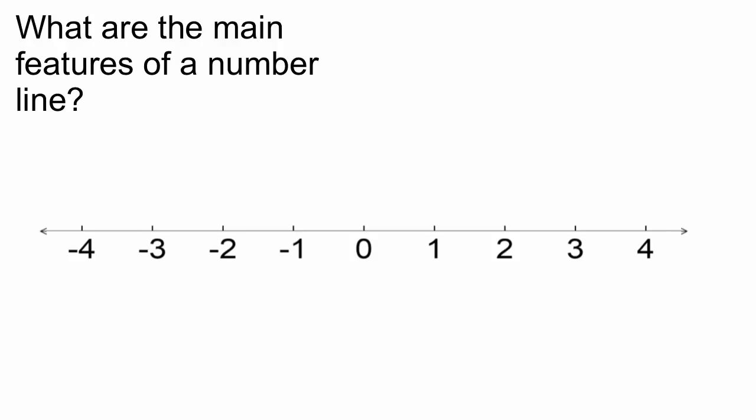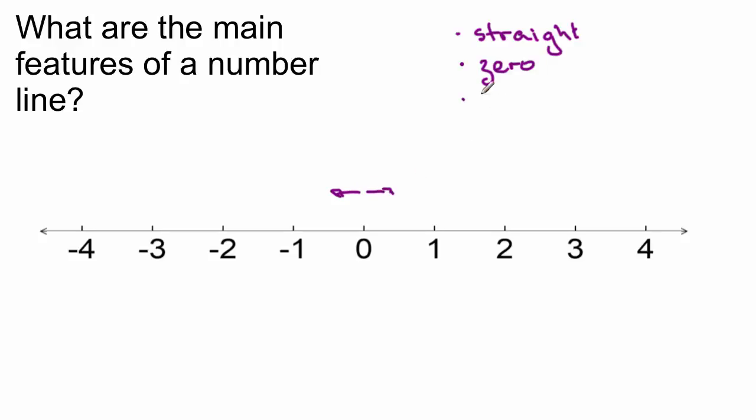So what are the main features of a number line? Well, first of all, it's a straight line, so the idea would be to make sure that you use a ruler to draw it. Secondly, it's got a 0 that separates the left from the right.